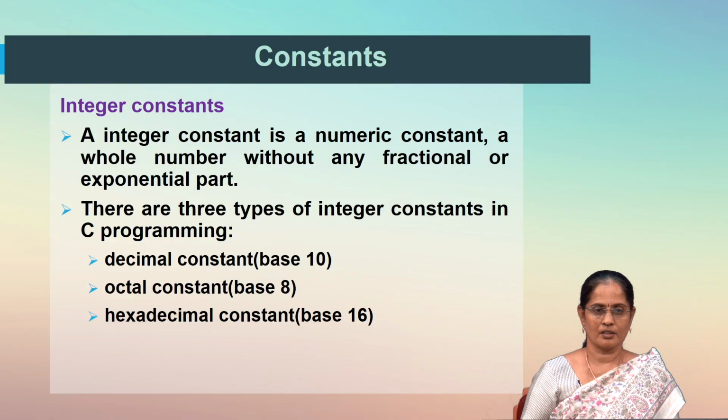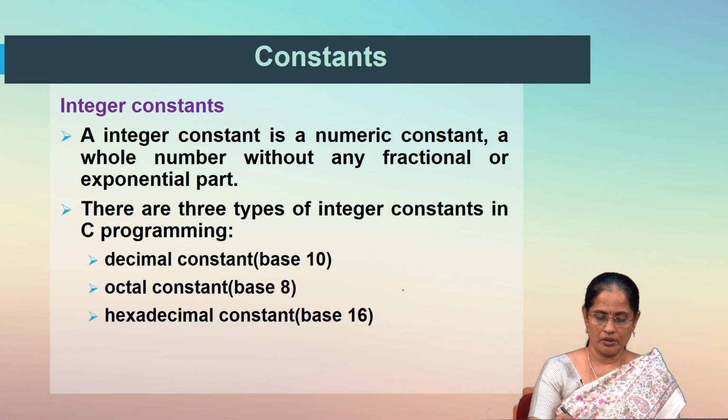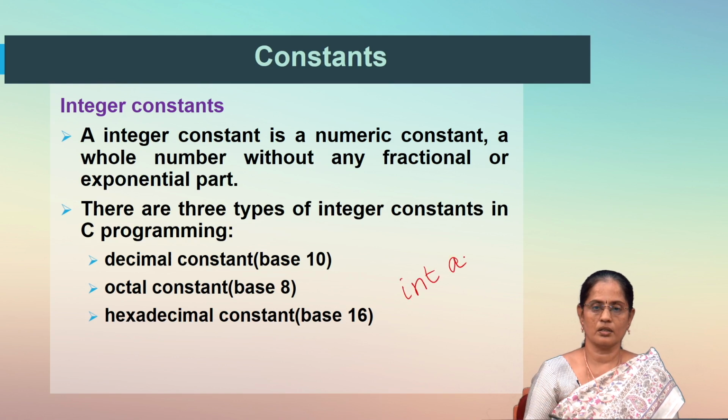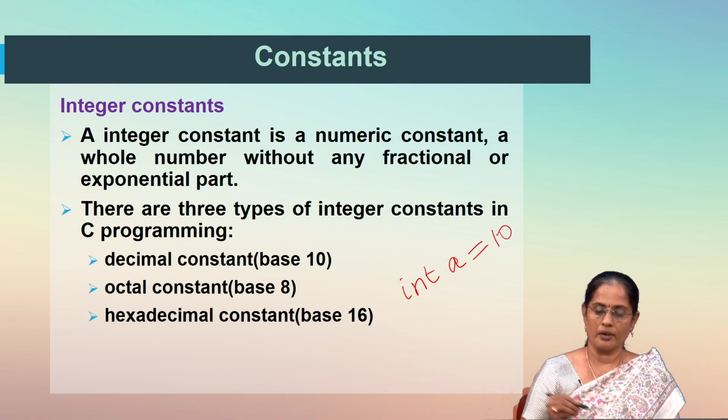There are 4 types of constants. Integer constant: an integer constant is a numerical value which is a whole number without any fractional or exponential part. Say for instance, when I define an integer variable int a, if I want to assign an integer constant to it, it should be a whole number.